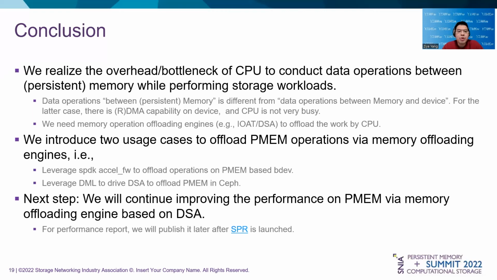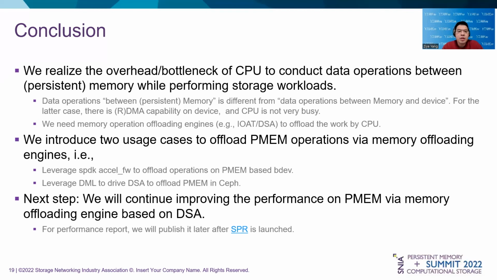Because data operations between memory and persistent memory are different from data operations between memory and device. For the latter case, there is DMA or RDMA capability from those devices, so the CPU will not be quite busy. But if we directly use the CPU to read and write on persistent memory, the CPU's overhead is relatively high.